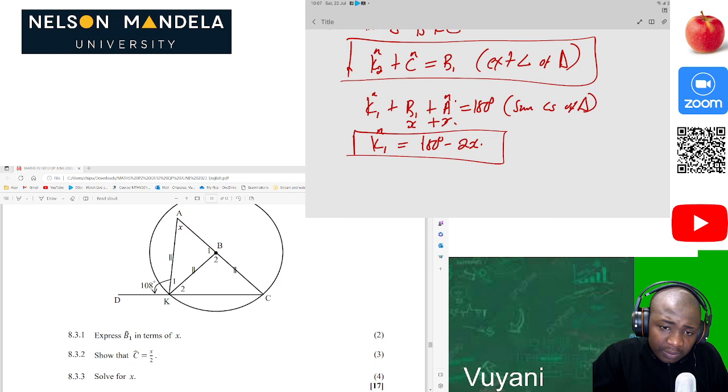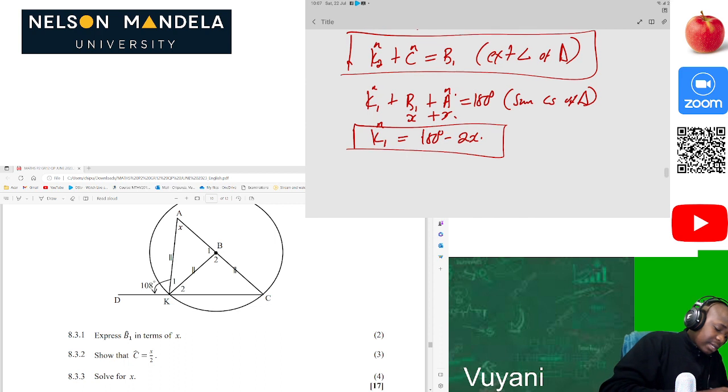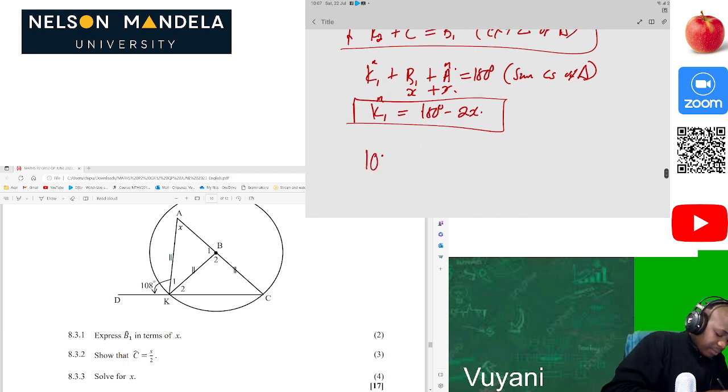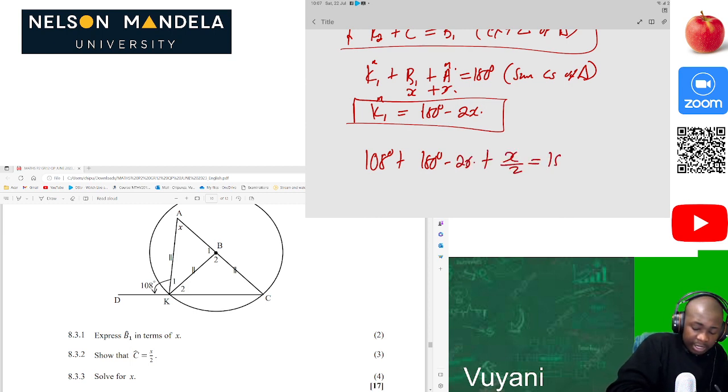So if we say 108 plus 180 degrees minus 2x, plus x over 2 is equal to 180 degrees, because this is what we know.